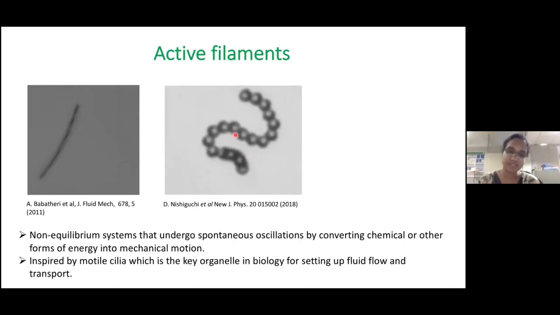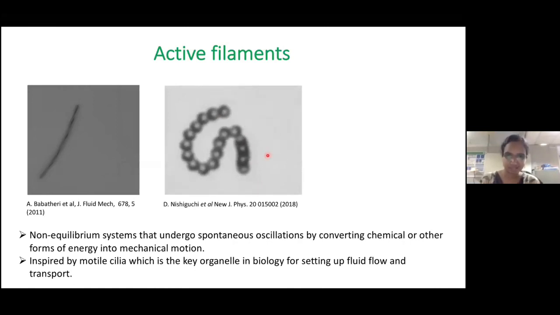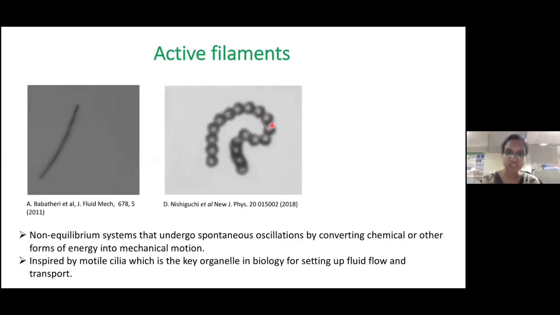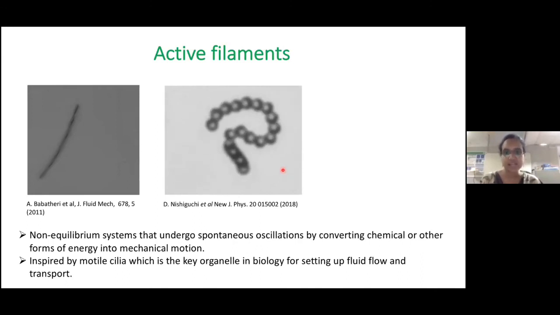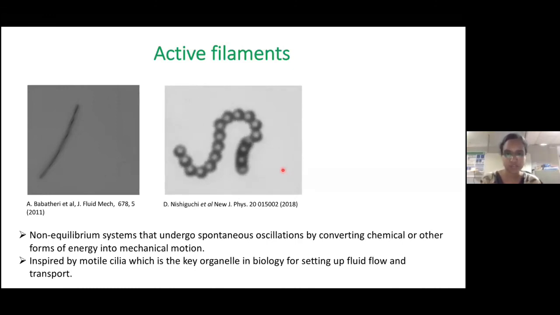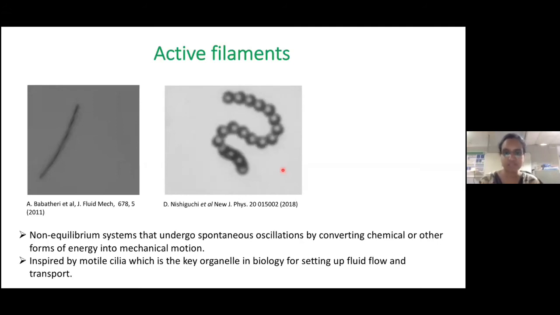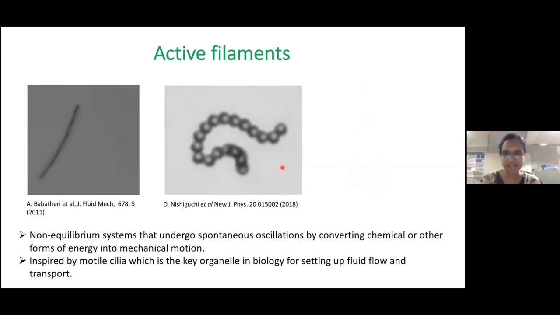Essentially what's happening is that in the presence of the electric field, the two sides of the spheres are polarized differentially. The metallic side is much more strongly polarized than the dielectric side. This drives induced electroosmotic flows, which are asymmetric in nature. That means the metallic side is facing locally more flow than the dielectric side, and that causes each particle of the chain to propel.